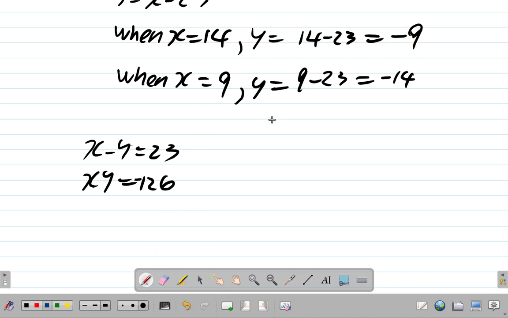If you mix them up and say when x is 14, y is negative 14, then you're going to say 14 minus negative 14 is 14 plus 14, which gives you 28, and that would be wrong. It's supposed to give you 23. So that's why I write when x is 14, y is negative 9, and when x is 9, y is negative 14.